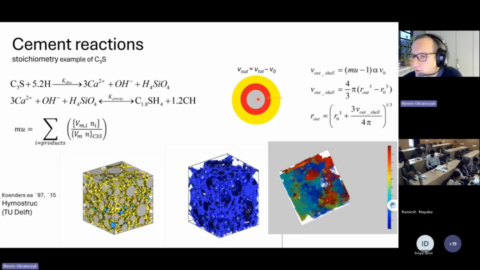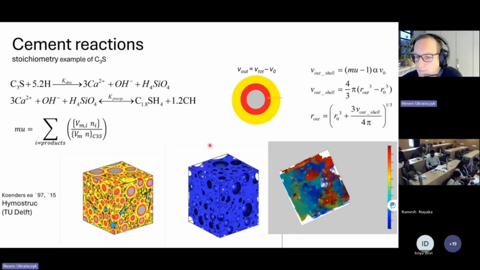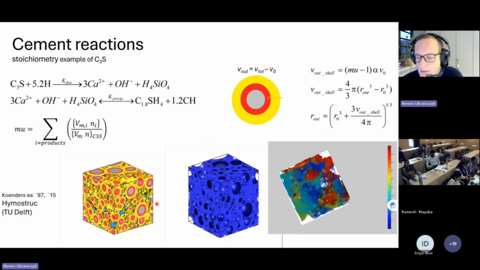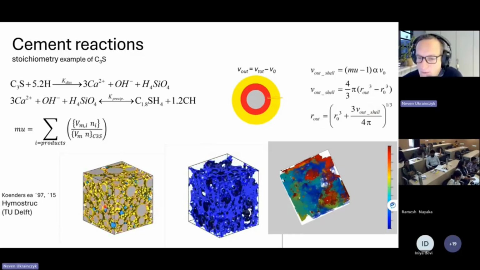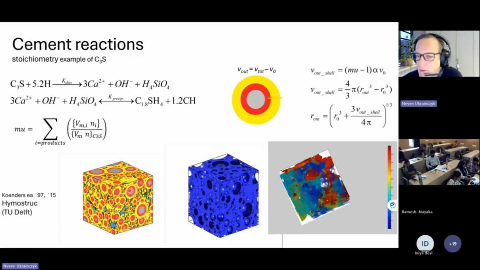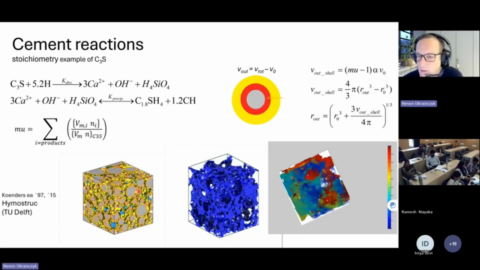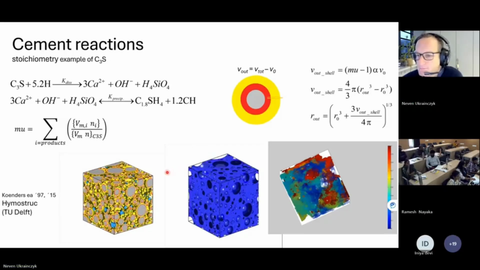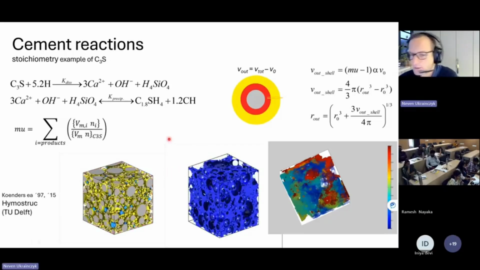So this is what you want to know. You want to know the XYZ positions of all the particles. You know the radius of each particle, and now during the growing algorithm, you want to know the radius of the outer shell. And then you can do this simulation in full 3D.